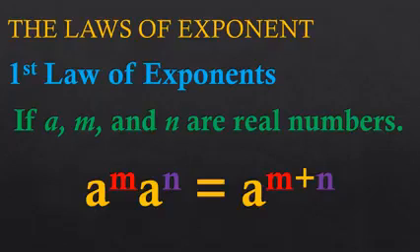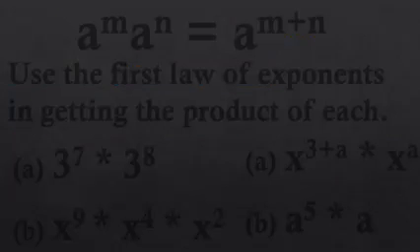So in our first law of exponent, we are multiplying two exponential expressions or terms, a raised to m and a raised to n. So what is the product of these? The product is simply the common base, which is your a, and the exponents will be added. That is, a raised to m plus n. So this is our first law of exponent.